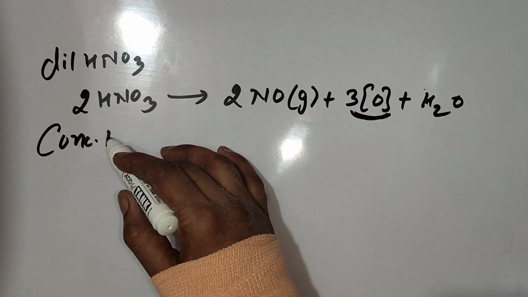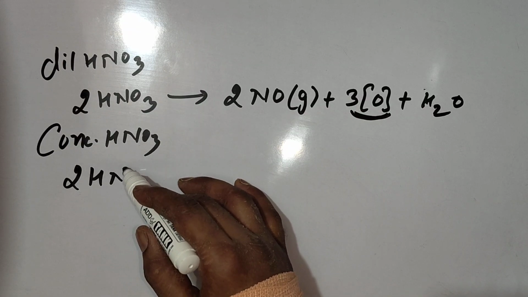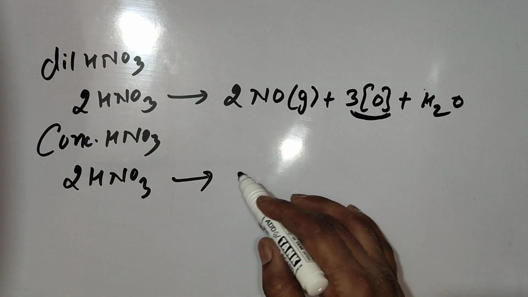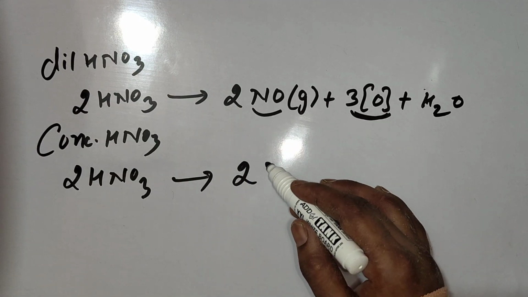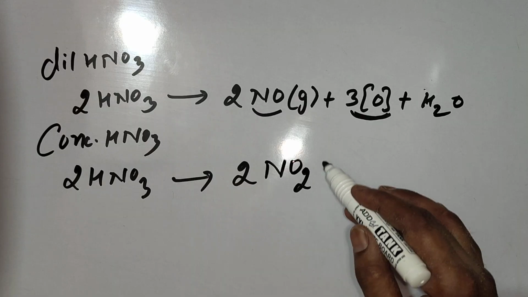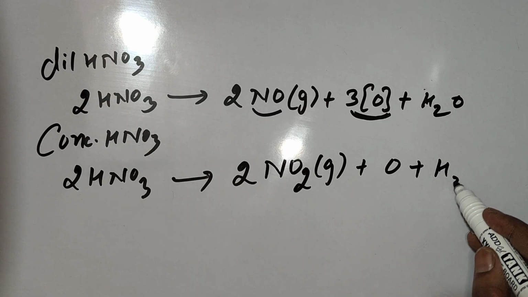Concentrated nitric acid has almost the same reaction, but the change is that in place of nitric oxide, it creates nitrogen dioxide gas with one nascent oxygen and one water molecule.